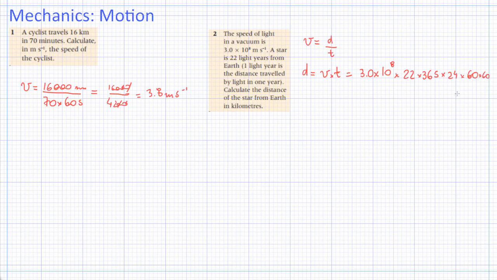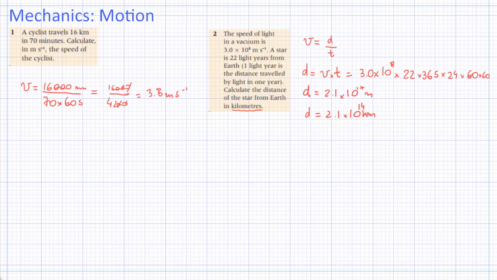That's going to be our multiplication here. So if we multiply all of that, we should find this distance to be 2.1 times 10 to the power 17 meters. And because we're being asked in kilometers, we can just divide that by 1,000. So 2.1 times 10 to the power 14 kilometers.